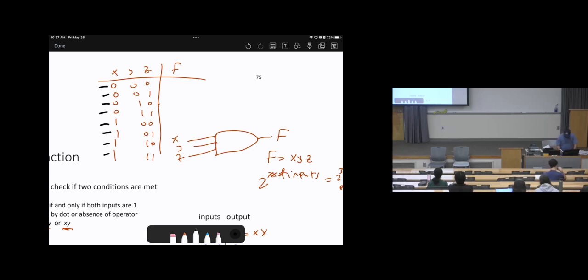Now, how to figure out the output function? It will be x times y times z. So 0 times 0 times 0 will be 0. 0 times 0 times 1. Whenever you see the number 0, the output should be 0 because they are multiplied. So 0, 0, 0, 0, and the only output of 1 is the last one. Okay? Does this make sense?